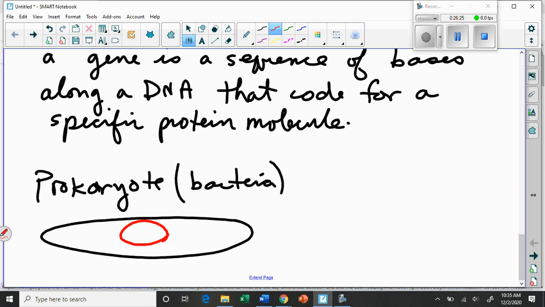So it's all the DNA sort of all wound up in a ring. And sometimes they'll have other little rings of DNA, little smaller versions. And it just floats all around. But in a eukaryotic cell, DNA is more carefully packaged and protected and managed. The first major difference, of course, is there's an entire organelle that holds onto it, the nucleus. So in a eukaryotic cell, we have a nucleus.